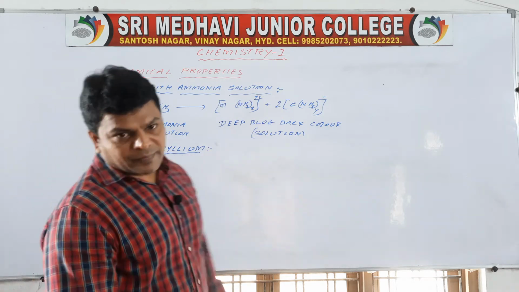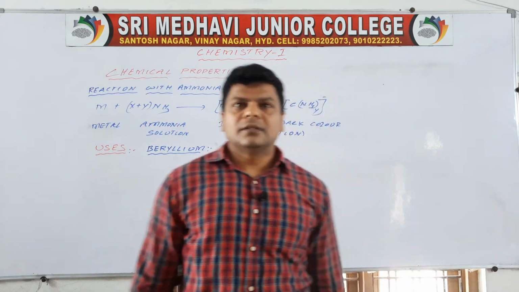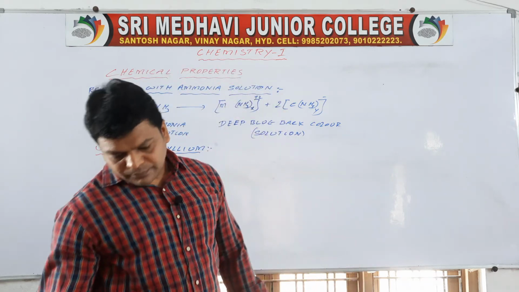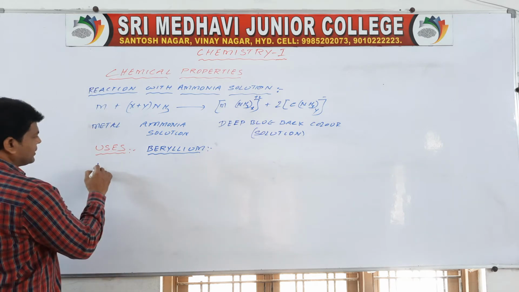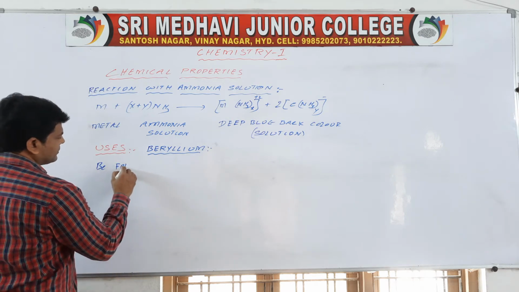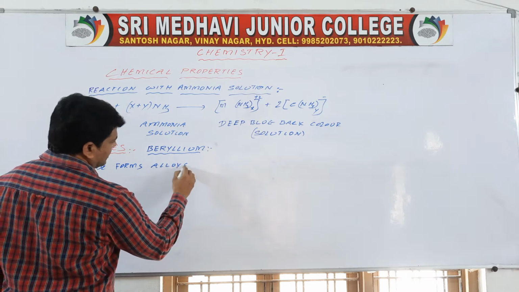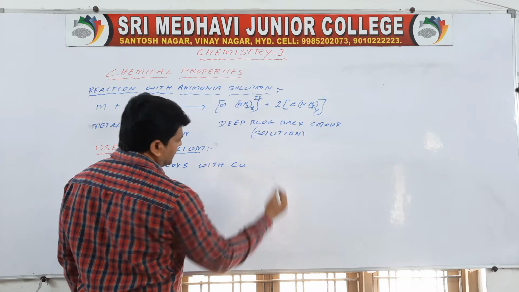Beryllium forms alloys with many elements. Here the first one we are discussing is beryllium. Beryllium forms alloys with copper.